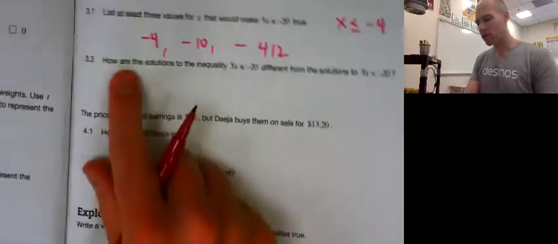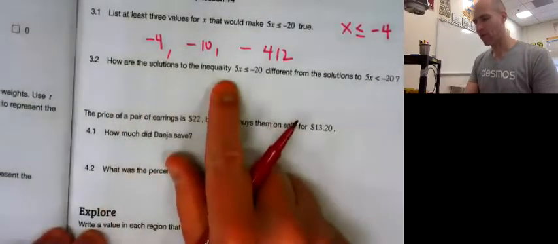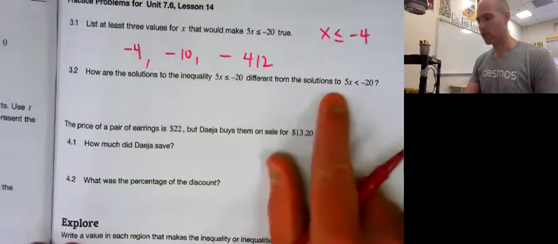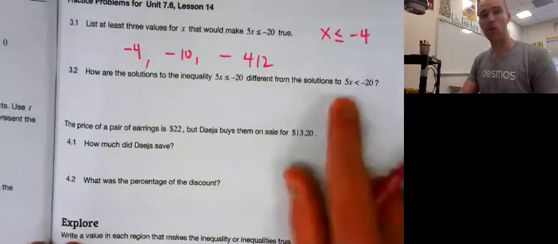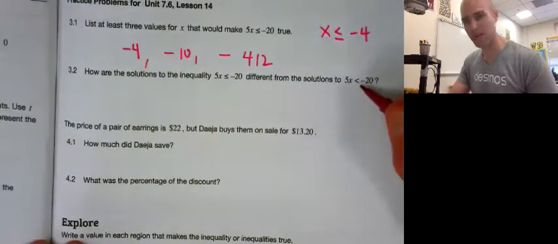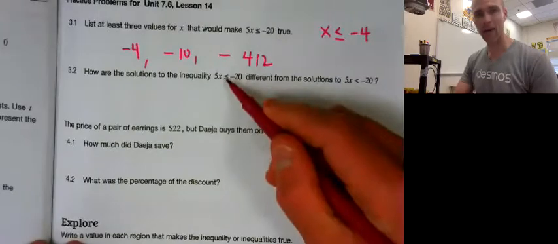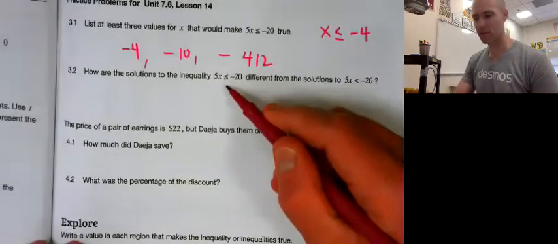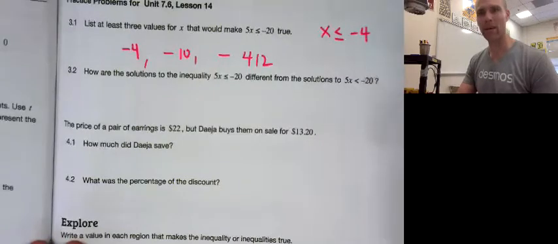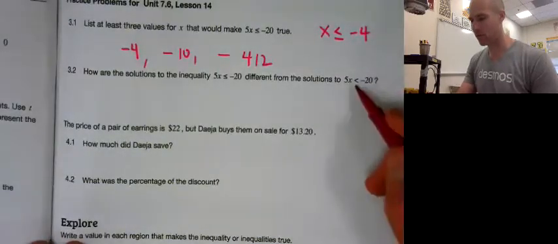All right, how are the solutions to the inequality 5x is less than or equal to negative 20 different from the solutions to 5x is strictly less than negative 20? When I say strictly less than, I'm referring to the fact that this less than sign does not have the equal bar on it. So this is less than or equal to, and this is just less than, or you could say strictly less than, negative 20.